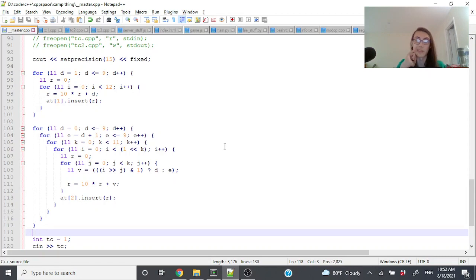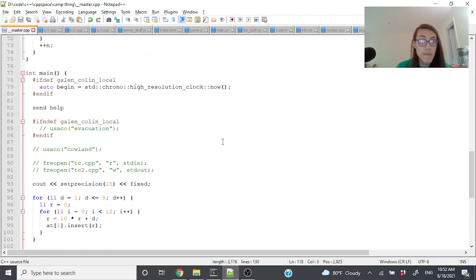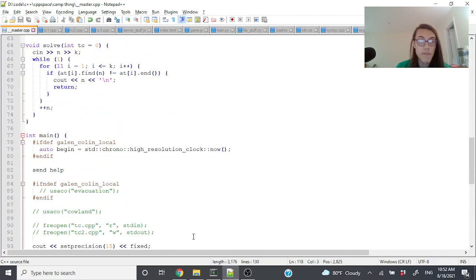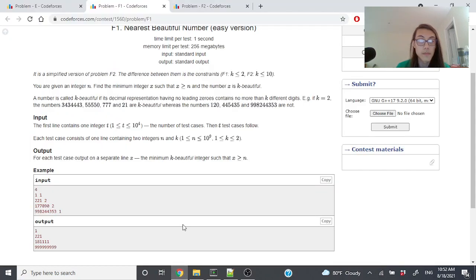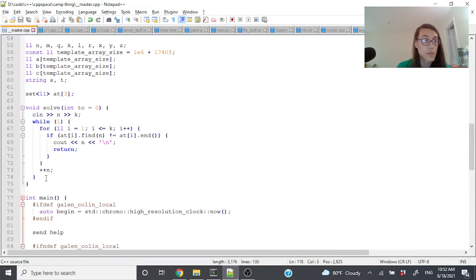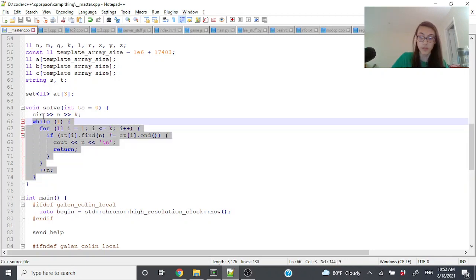Equals 0 is less than 2 to the k, plus plus. Actually, let's do better.